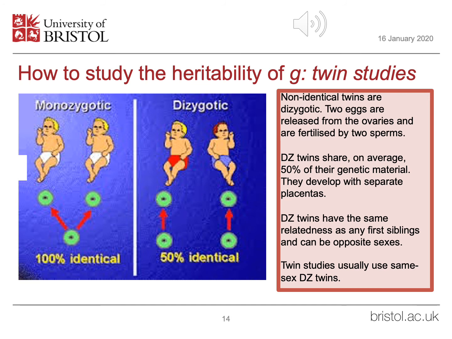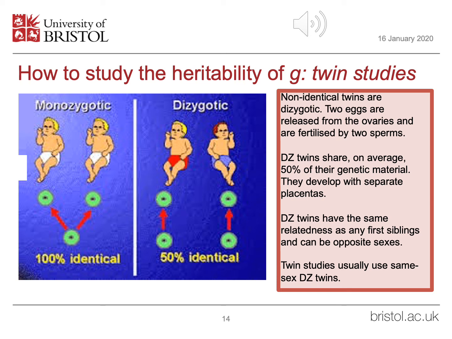Non-identical twins are called dizygotic. This is because two eggs are released from the ovaries and are then fertilized by two sperms. DZ twins share on average 50% of their genetic material. They always develop with separate placentas.